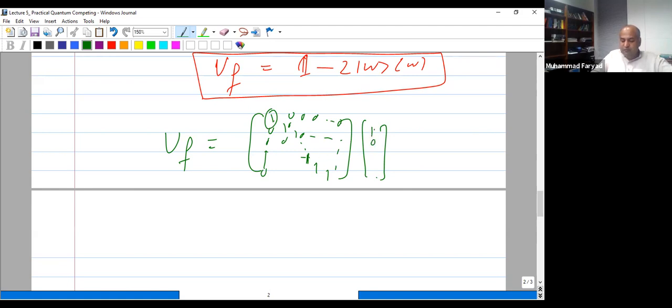For example, if it is 1 0 0 0, this multiplies with 1. If it is the 0 1 0 0 state, this multiplies with 1, and so on. Only the one state which is a solution will be multiplied with a minus sign.